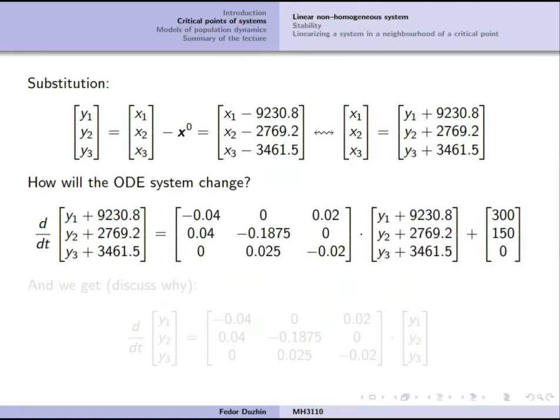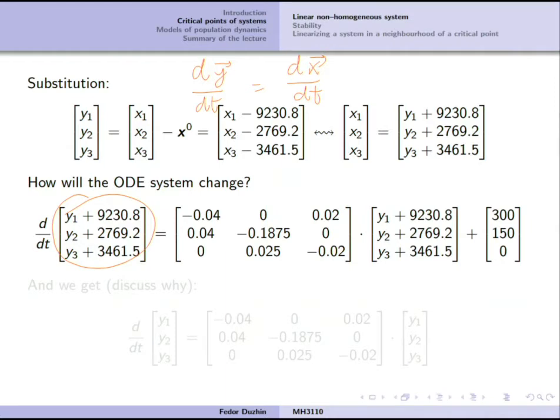Which means dy/dt equals dx/dt. So this thing is just dy/dt. What is the right-hand side?